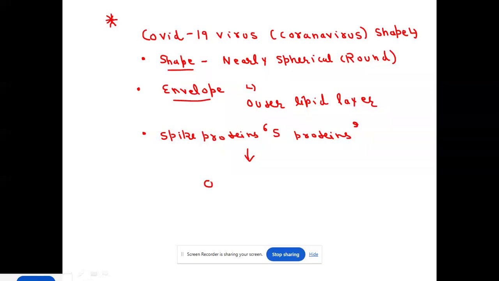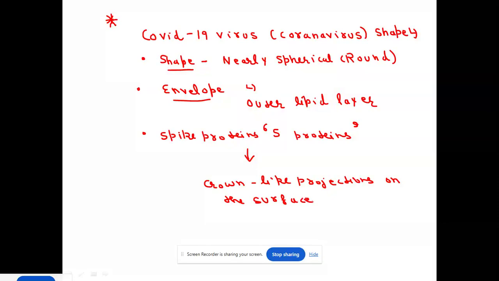It is very interesting to know that there are crown-like projections on the surface. That's why it is called what?